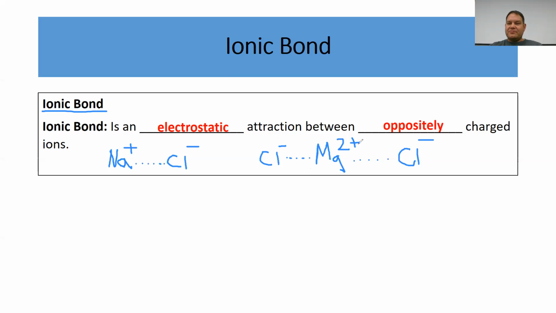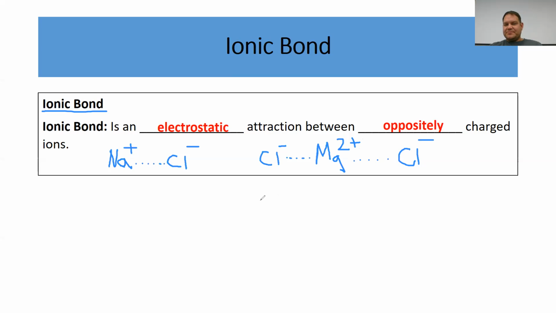So now there's going to be a package of 3, right? The magnesium and the chlorines are going to come together as a package deal. And we now have 2 ionic bonds that have been formed, between magnesium and one of the chlorines, and magnesium and the other chlorine, okay?